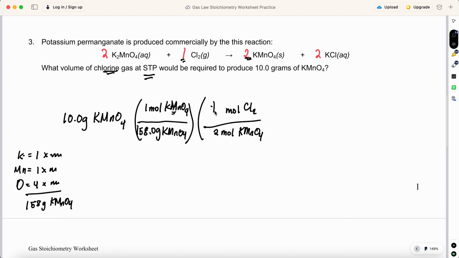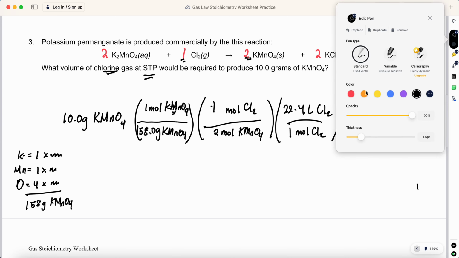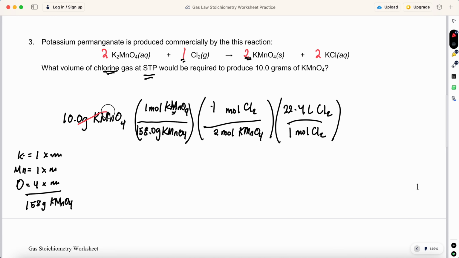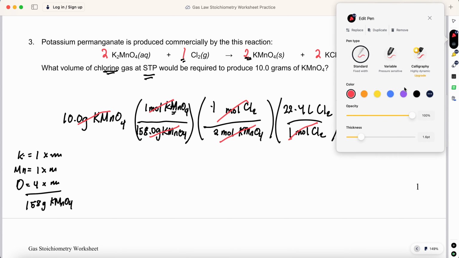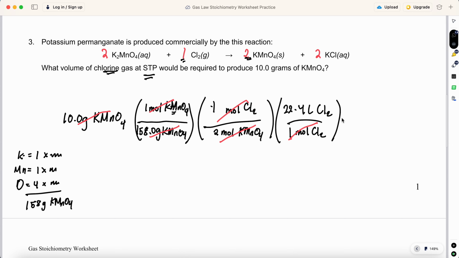And there is 1 mole of chlorine gas. Then, since it's at STP, we use the condition that per 1 mole of chlorine gas, there are 22.4 liters of it. So we cancel the terms: grams of KMnO4, moles of KMnO4, moles of Cl2. Therefore, we have 0.709 liters of Cl2.